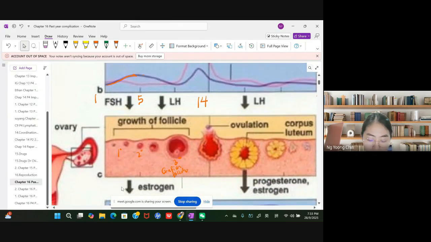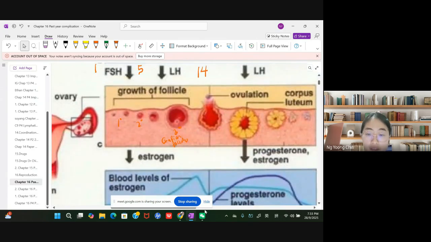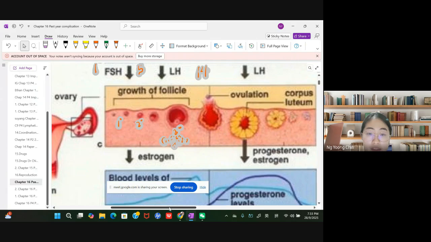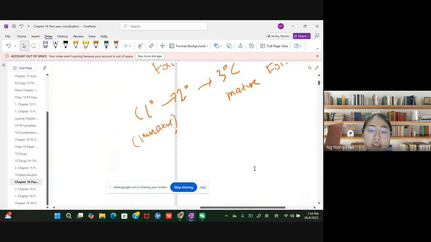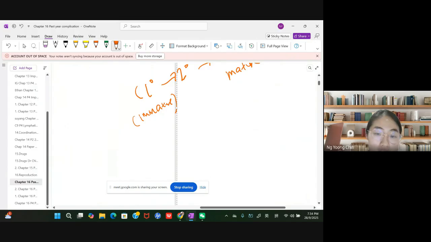So by this process, in the growth of the follicle, what are they actually growing? They are growing the follicle layer. Just imagine it like this. This is a follicle cell. Oh, I should draw it a better way. Okay, this is the follicle cell, and surrounding the follicle cell there will be this one, like this.